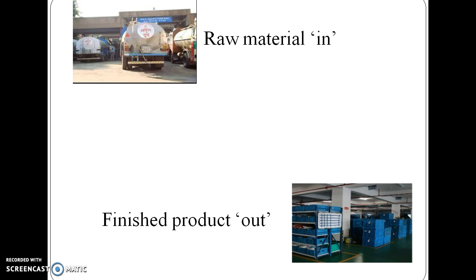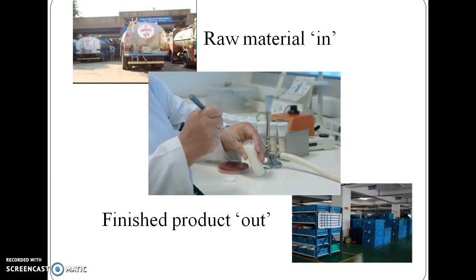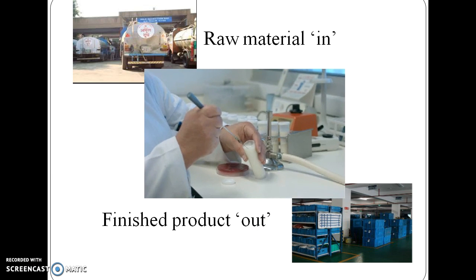Now in between these two, in and out, there is another major operation, which you may call the heart of the processing plant, and that is control. If you want to impose control over the whole process of manufacturing milk and milk products, you need to take the help of chemistry.